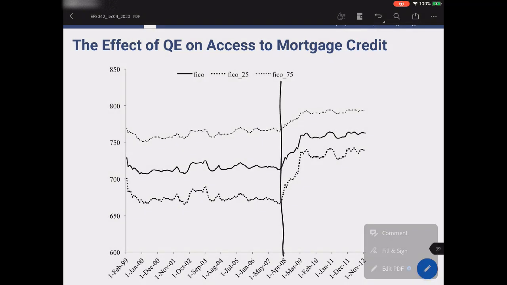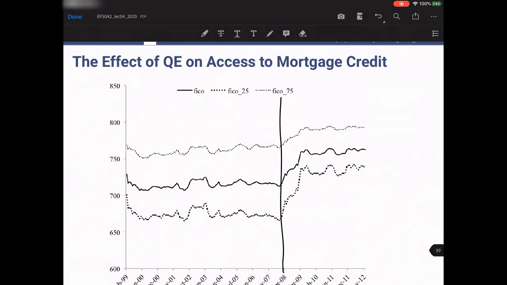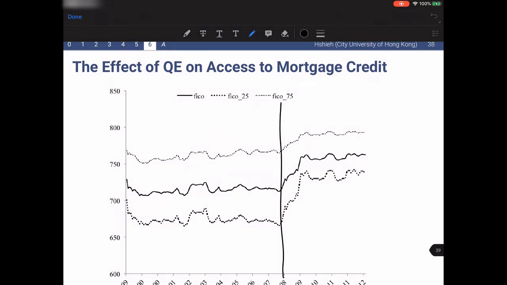For those of you who are curious, what does FICO stand for? FICO is issued by a private company called the Fair Isaac Corporation, and it is a measure of consumer credit risk.